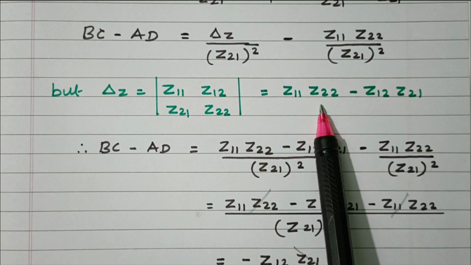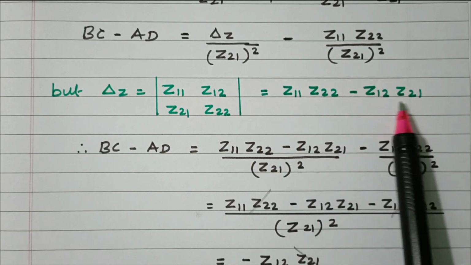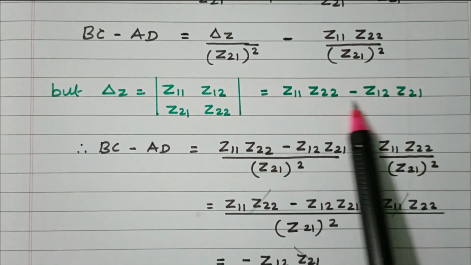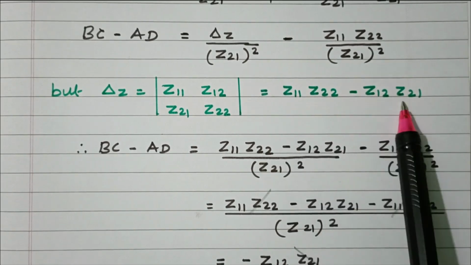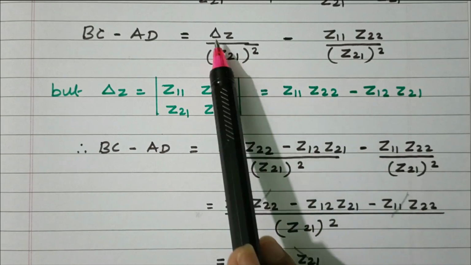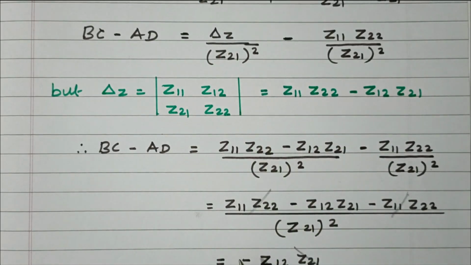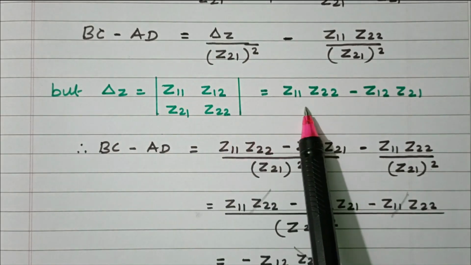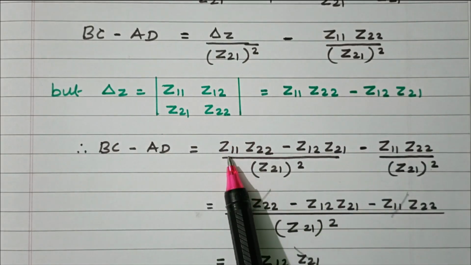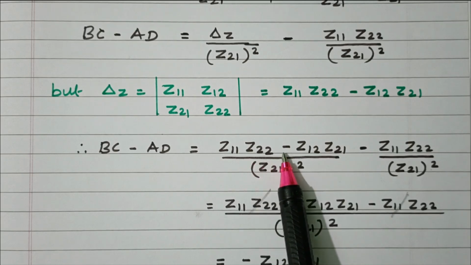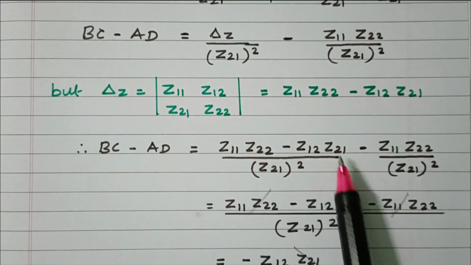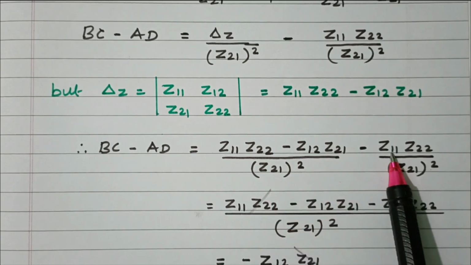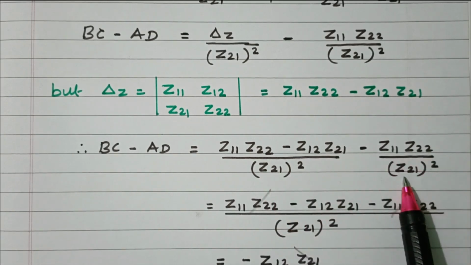Z11 into Z22 minus Z12 into Z21. Now we can substitute this value in this delta Z, so that we can go for further simplification. So delta Z is replaced by this value: Z11 Z22 minus Z12 into Z21 divided by Z21 square minus Z11 into Z22 divided by Z21 square.